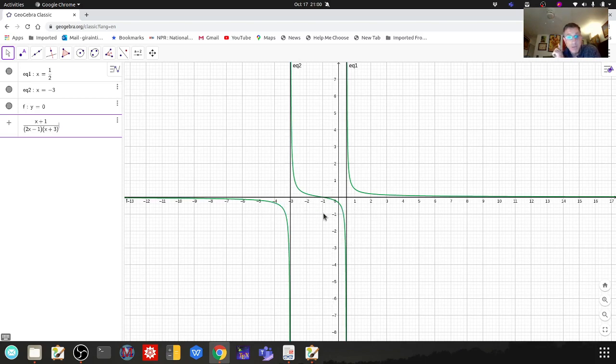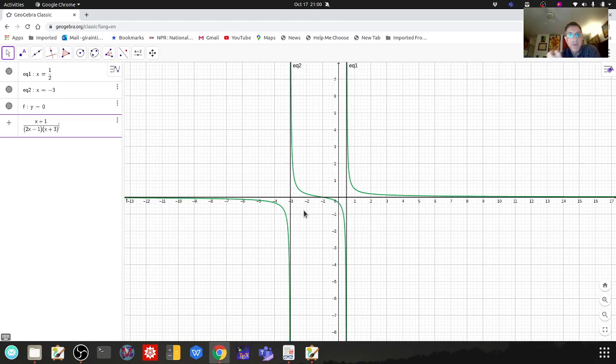But we also see that we have at most one horizontal, and if x is less than -3, it does not cross the horizontal asymptote. If x is greater than 1/2, it doesn't cross the horizontal asymptote. But between -3 and 1/2, it does.